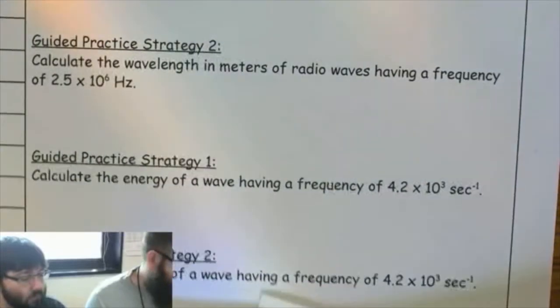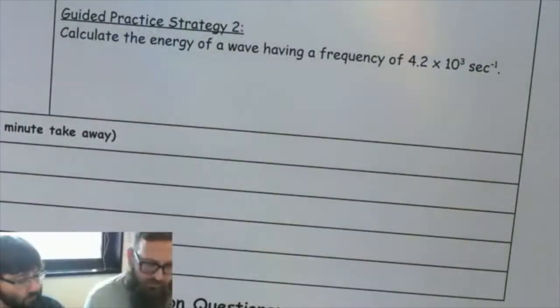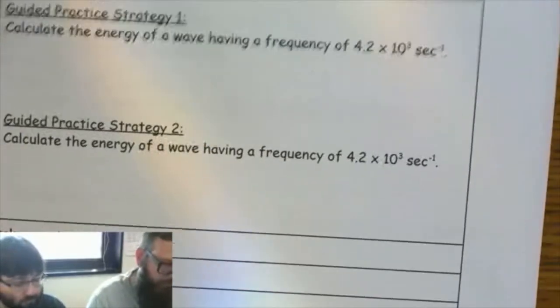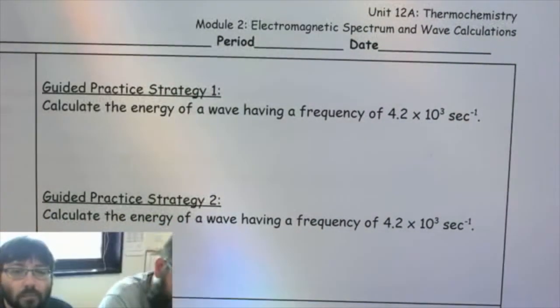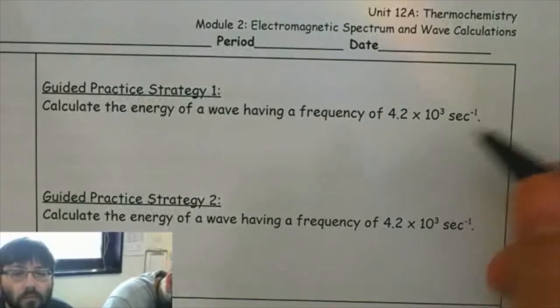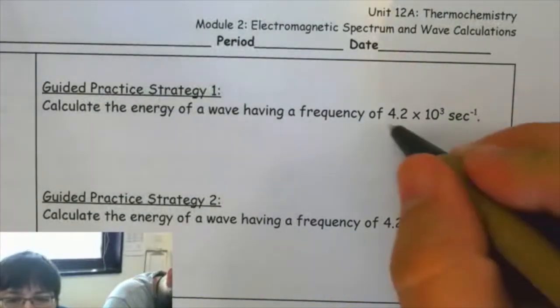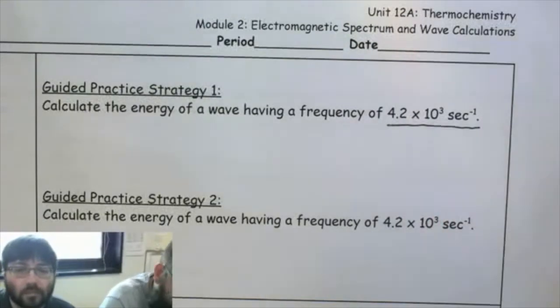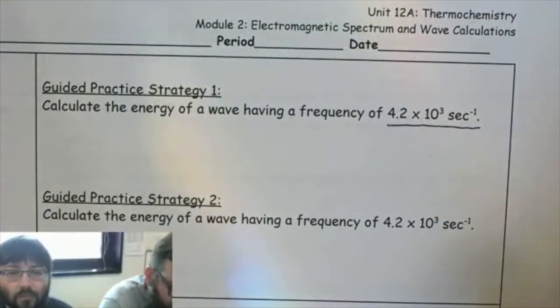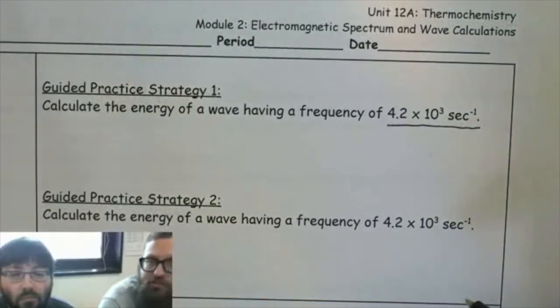Now we've got another practice problem here. In this one, we have 4.2 times 10 to the 3, I think, and then "sec." I'm assuming that's supposed to be hertz and not sec there.